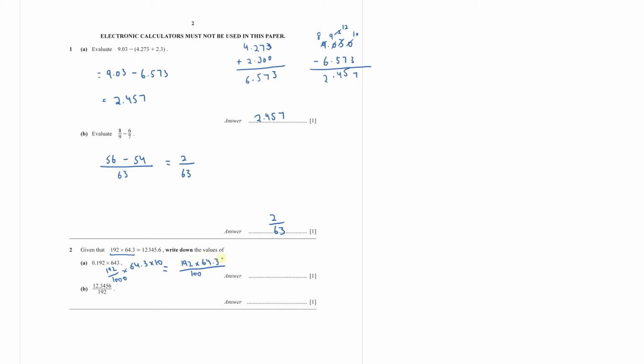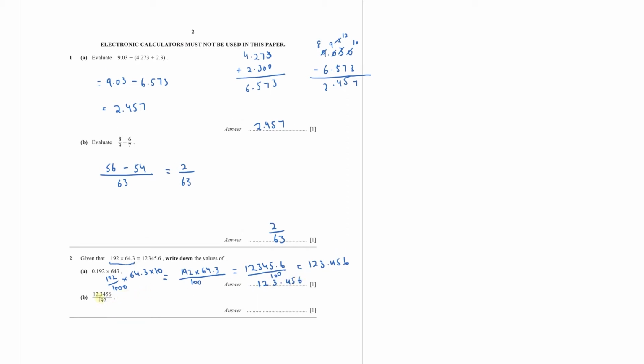Now this expression is exactly the same as this, so you can substitute the value here. You know that 192 times 64.3 is given by this, 12,345.6 over 100. So it's divided by 100, so you move the decimal 2 places to the left. So you get 123.456.